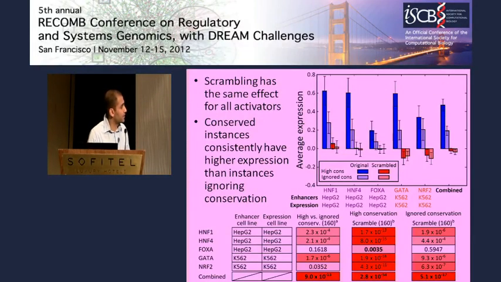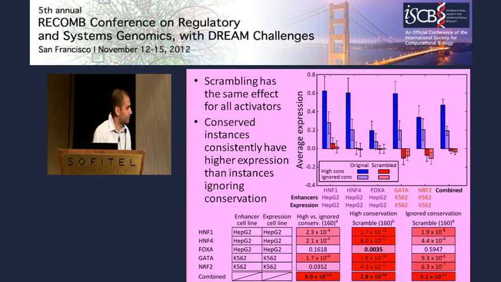So for HNF1, HNF4, and FOXA, which were picked in HepG2 enhancers and tested in HepG2, we see the expression of the highly conserved motif instances is higher than if we don't use conservation in choosing our motif instances. Both of them are much higher than when we do the scrambles, which effectively abolishes expression. And we see the same thing in K562 with GATA and NRF2.